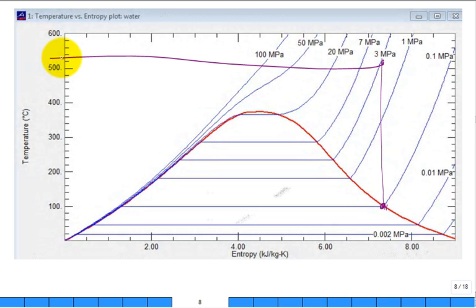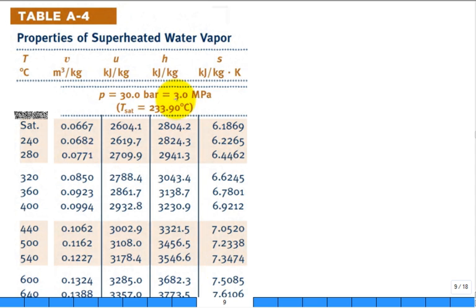It is going to be high pressure, high temperature. So we find our 3 megapascal pressure block in our superheated steam table. We found that the s of g for state 1 comes in at around 7.3594. Hence, we know we're in this temperature range.